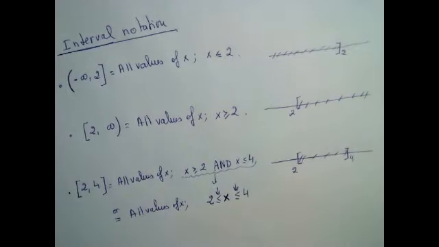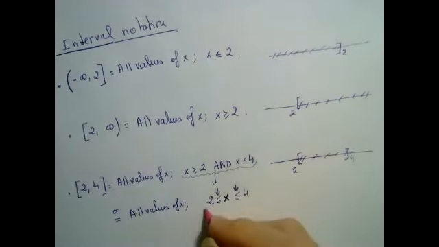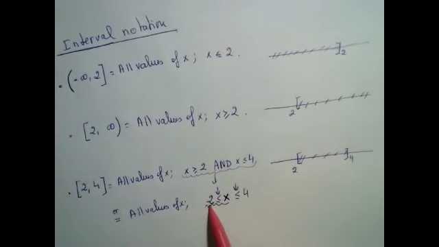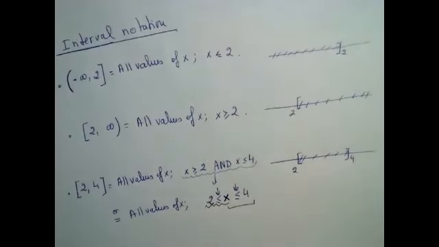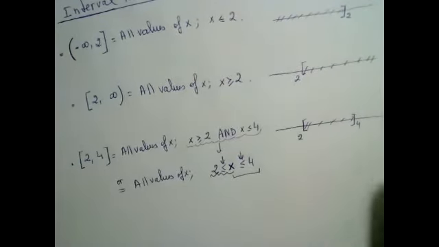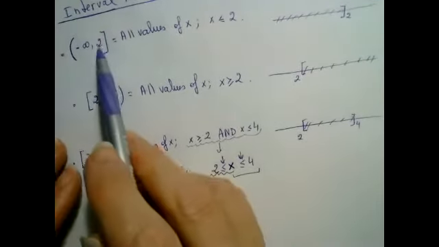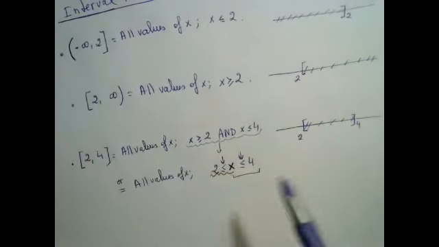Okay, so this piece here means x bigger than 2 or 2 less or equal to x, and this piece right here reflects that x is less or equal to 4. Those are the interval notations that you will see. I use numbers, but whether I use 2, 3, 4, a half, it doesn't really matter.